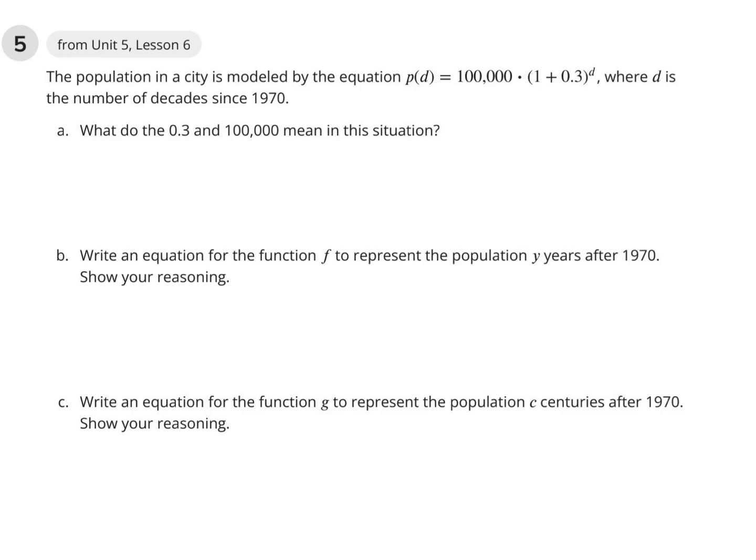Okay, the population of a city is modeled by P of D equals 100,000 times 1.03 to the D, where D is decades. All right, so D stands for decades. That's important to know. Now, what are the 0.03 and 100,000? The 100,000 is your initial population.